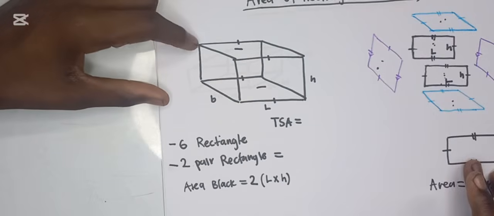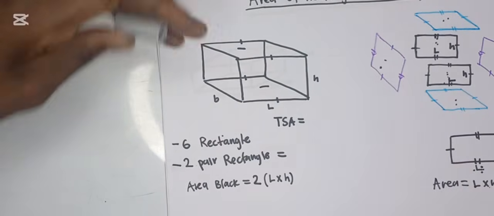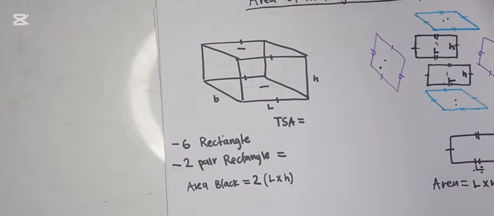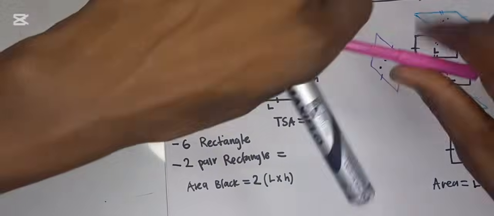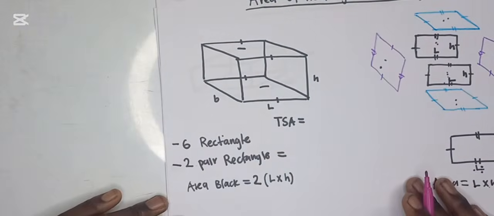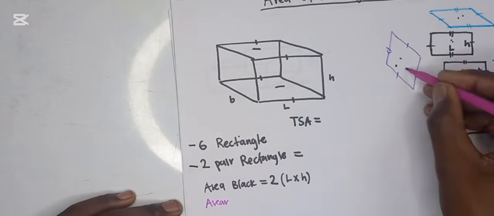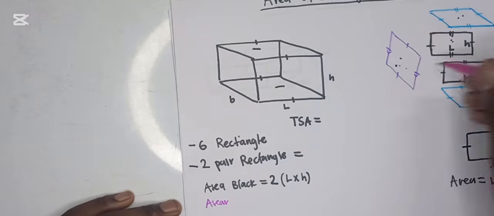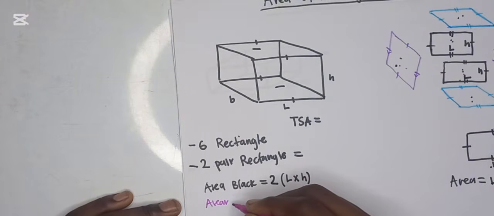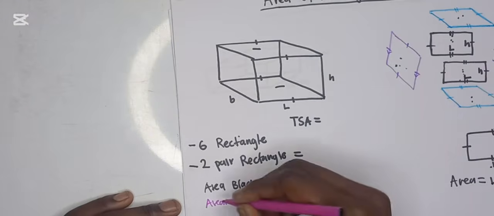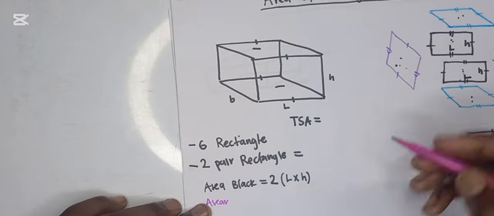Perfect. So now we also have to look for the area of these two, the left and right ones. You can see by the color I've differentiated them now.